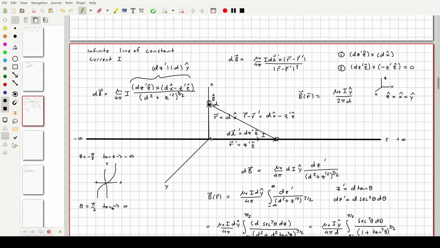Now what if I were to work exactly the same problem and put that along the y? So let's pretend that I worked the same problem here. I was d away from the y-axis and I wanted to know what the magnetic field looked like. Well, all the stuff here would be the same, with the exception of r. My r vector, which locates the point that I'm interested in, instead of being d x hat, is now going to equal d times y hat.